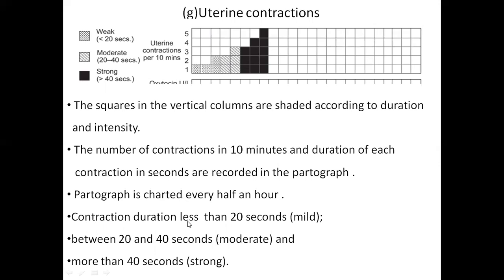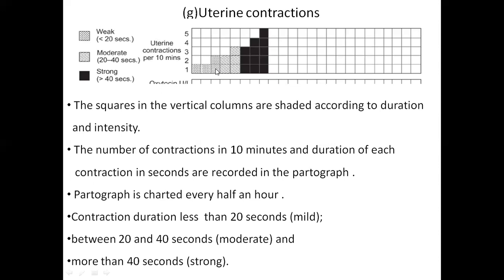Contraction duration less than 20 seconds is said to be mild contraction, and if between 20 and 40 seconds, then it is called moderate contraction, and if more than 40 seconds, then it is strong contraction, which is needed. So in the first 10 minutes, only one contraction, which is weak, so it is shown as a dotted square.